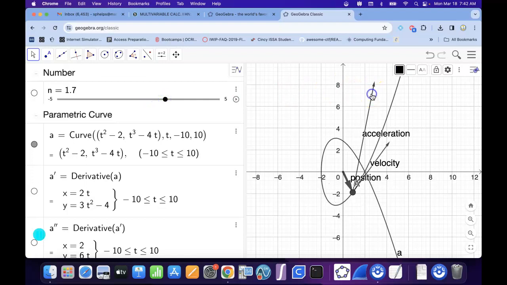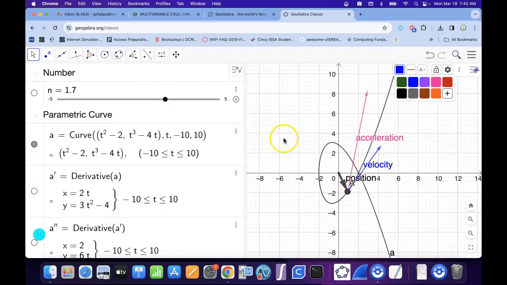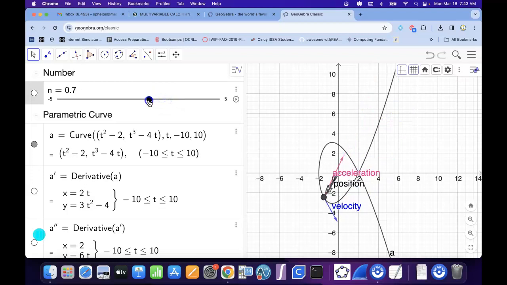Here's my acceleration vector. I'll make that a different color. I'll make that one that color. And I'll make the velocity vector that color. So when the acceleration and the velocity vector kind of point in the same direction, the particle is speeding up. And when they point in different directions, like right there, it slows down.